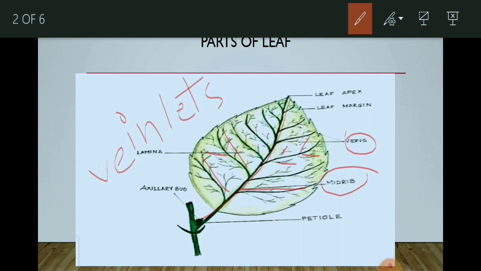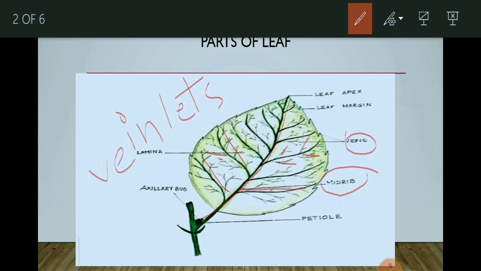So roots actually suck the water and then it distributes with the help of different tissues, mainly through xylem. And when it reaches the leaf, this water is distributed with the help of this petiole, midrib, veins and veinlets. And after the food is produced with the help of photosynthesis, the produced food is conducted to the different parts of the leaf with the help of the veinlets, midrib and petiole.